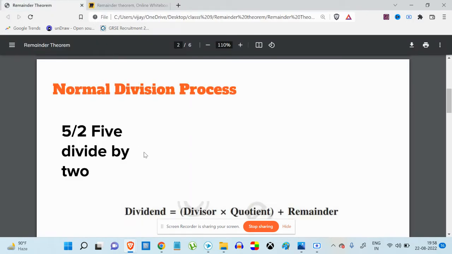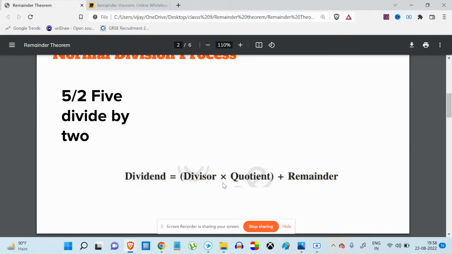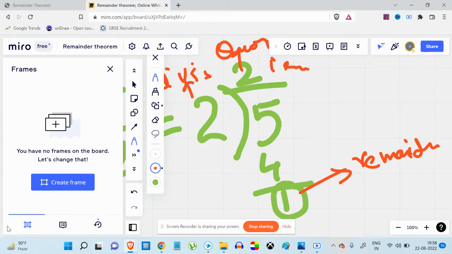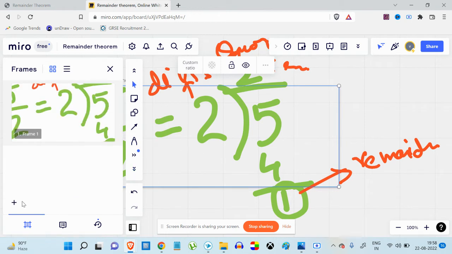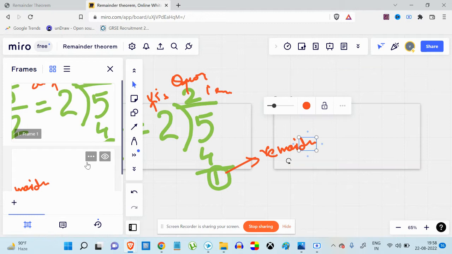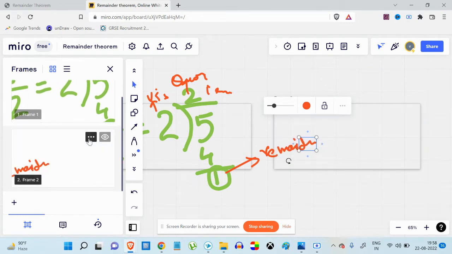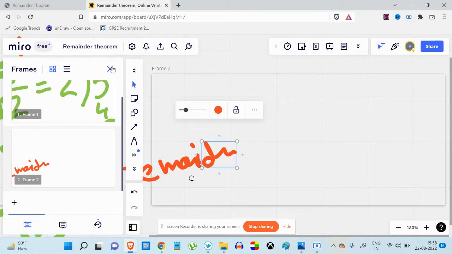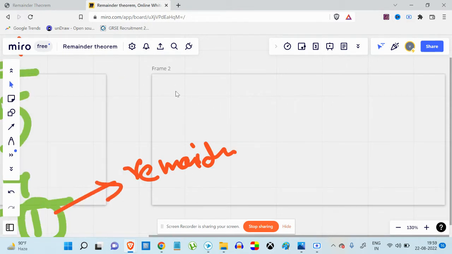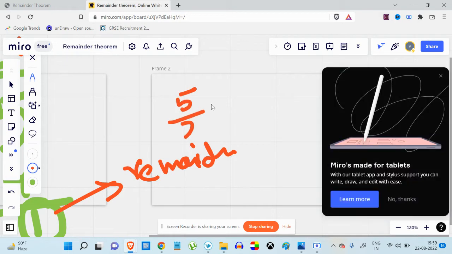So coming back to this, the dividend is nothing but the divisor times the quotient plus the remainder. In this case, we were getting 5 divided by 2.